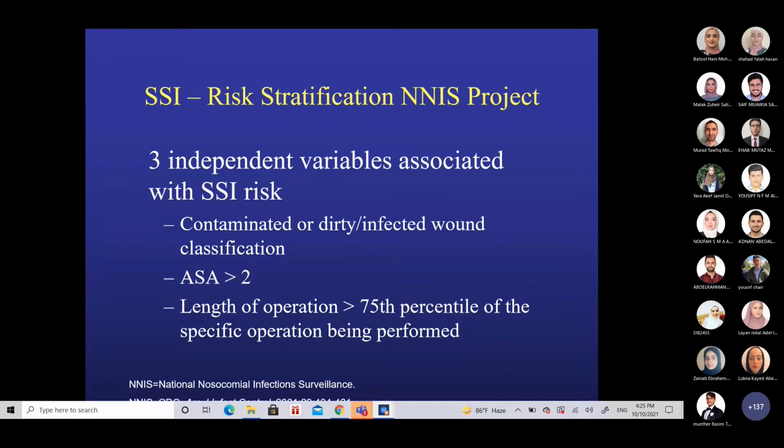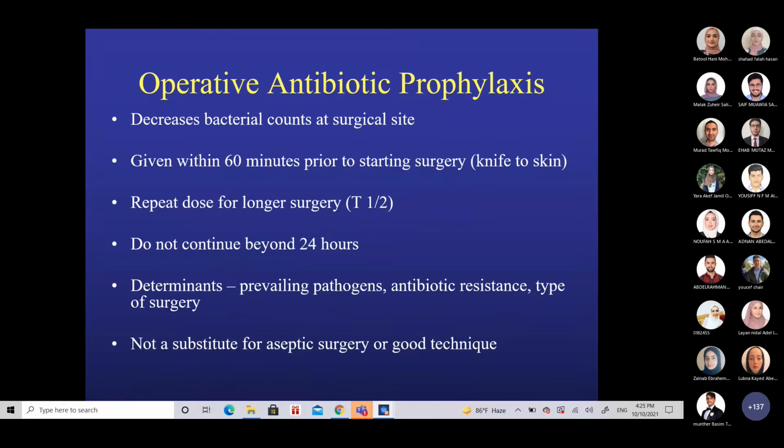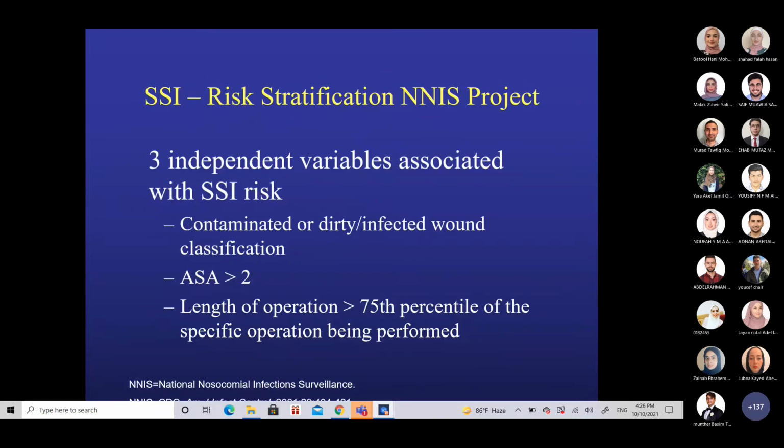What do these mean? The first one we mentioned is easy, the type of wound. If it is contaminated, the risk is higher, and the risk increases as the degree of contamination increases. The second is the ASA score, the American Society of Anesthesiologists. They classify the patient before surgery into grades, let's say class 1, 2, 3, 4, etc., according to the status of the patient.